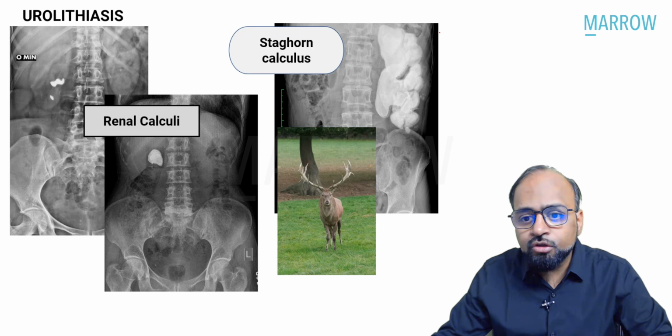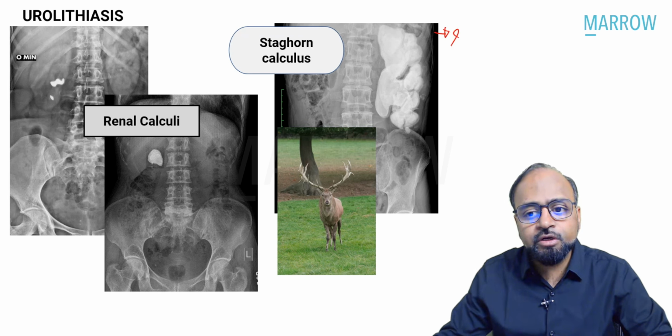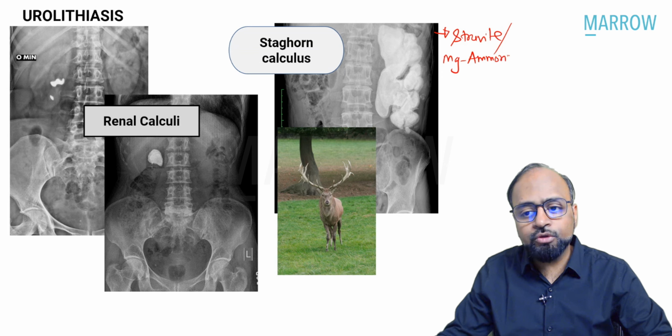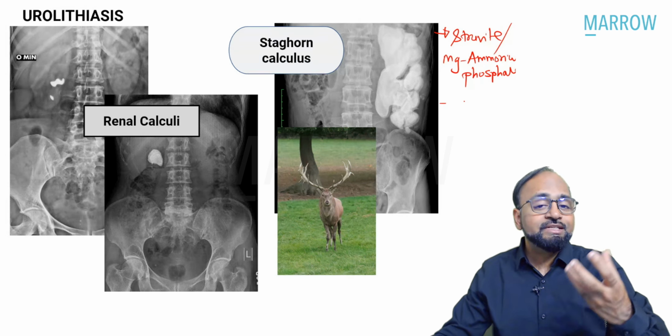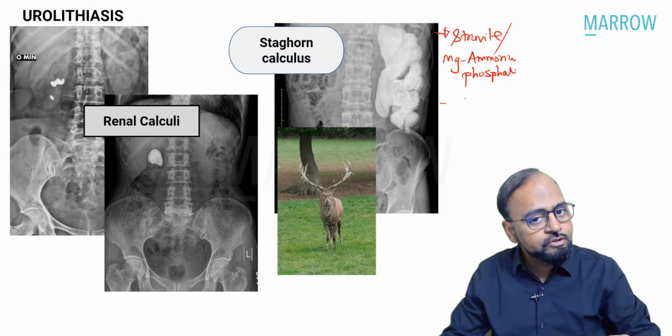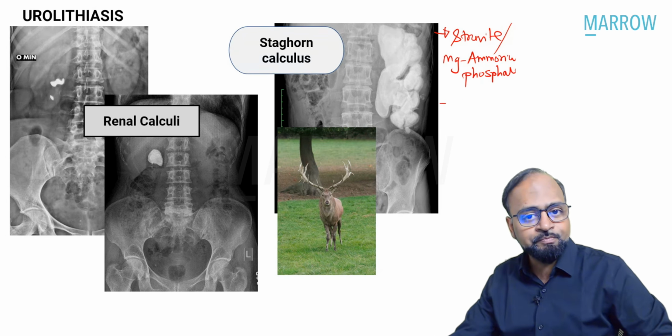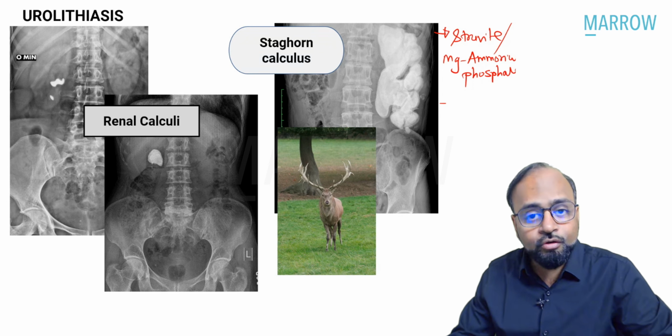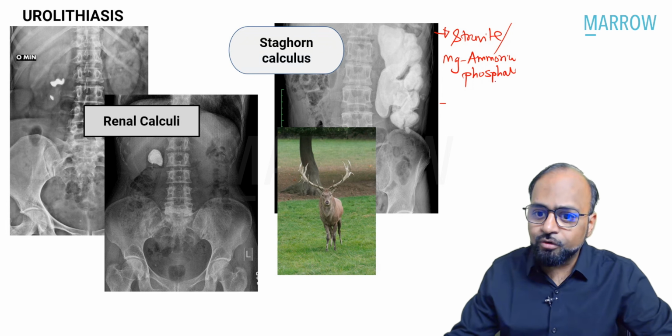So Staghorn calculi, remember these are called Struvite calculi, or magnesium ammonium phosphate calculi, right? They are usually like a cast of calculus material entirely filling up the pelvicalyceal system, and that is the reason why they typically take the shape of the horn of a stag or a deer, and therefore it is called a Staghorn calculus.